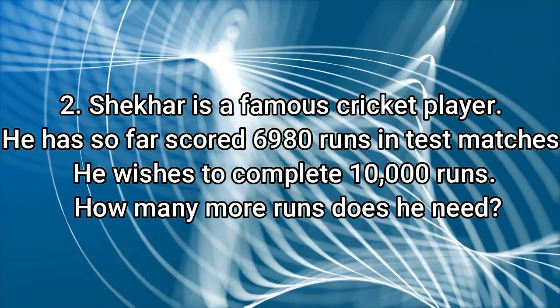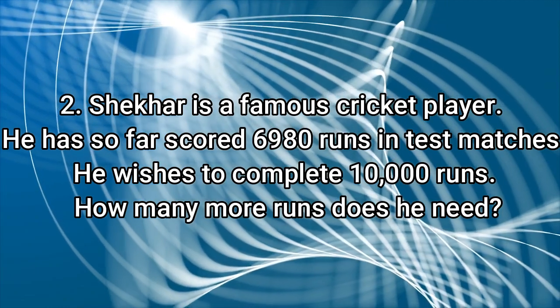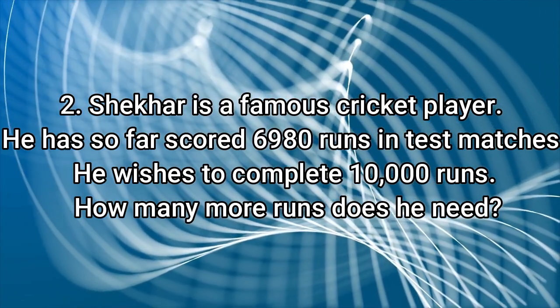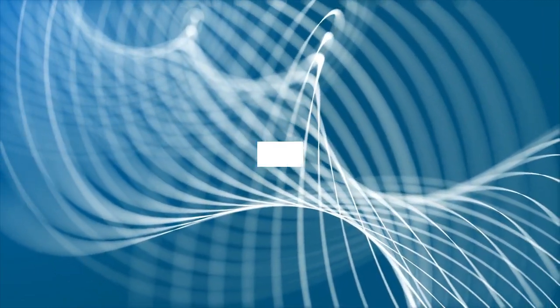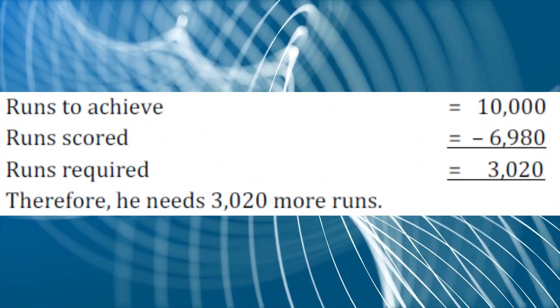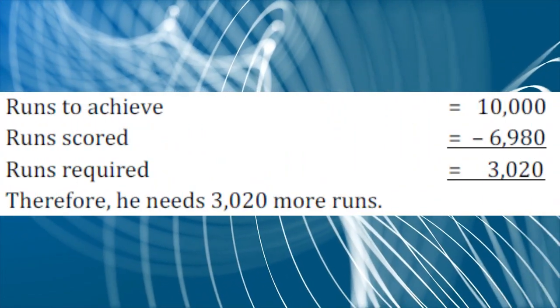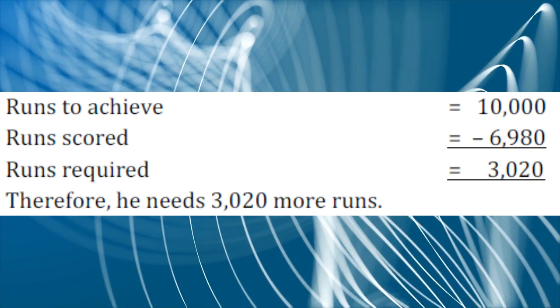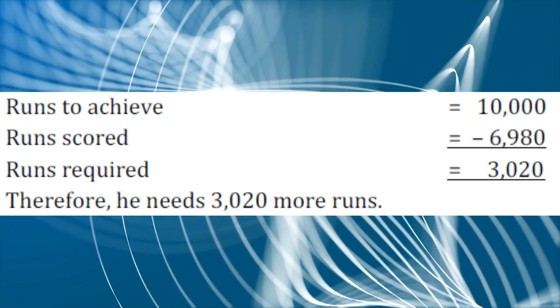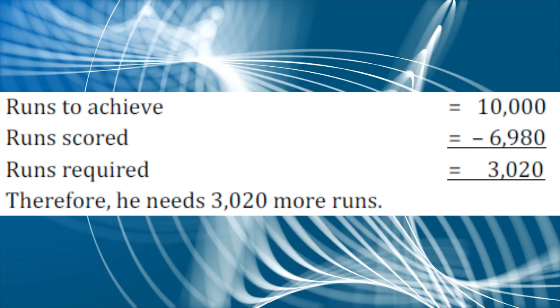So obviously, which operation will we proceed with for this sum? Yes, it is subtraction. Now, runs to achieve is equal to 10,000. Runs scored is 6,980.